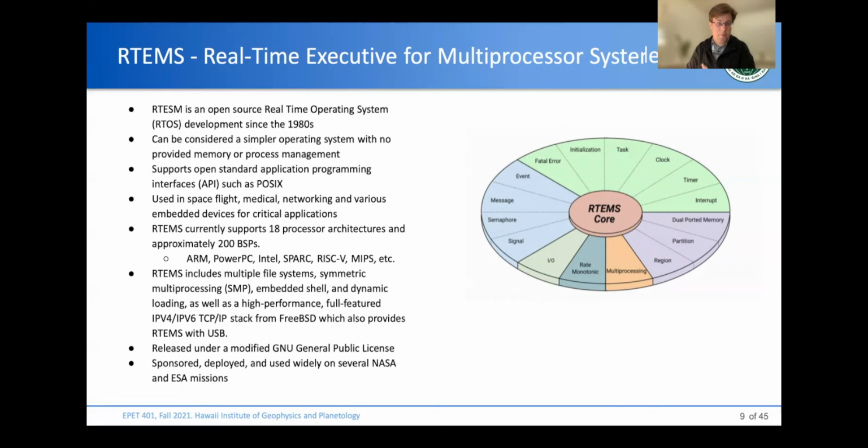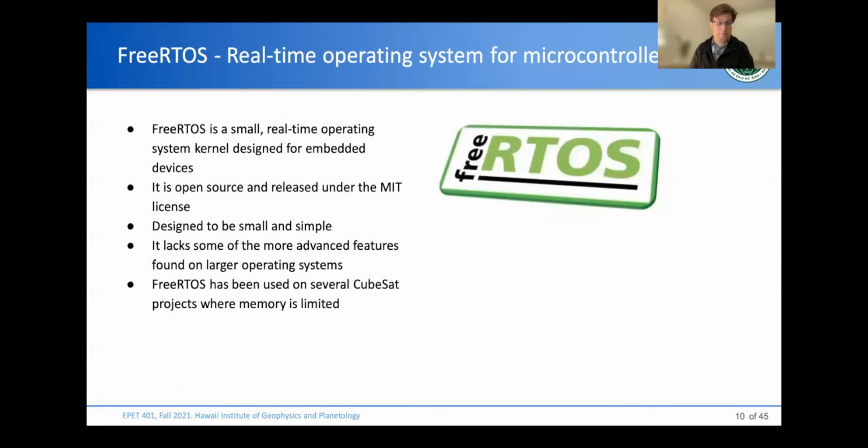Here's another example, the FreeRTOS. It's again a small real-time operating system for embedded devices. It's licensed under the MIT license, which again is widely available, and people can actually change the FreeRTOS code.